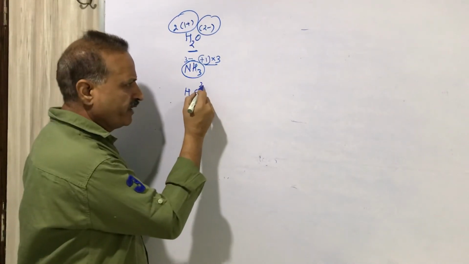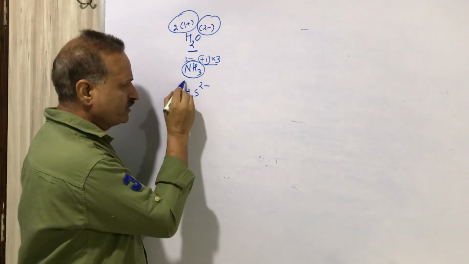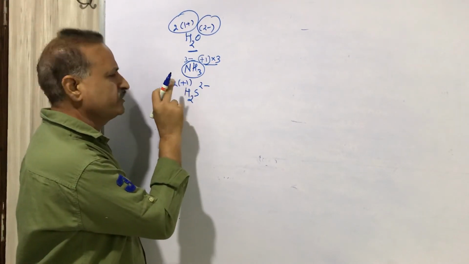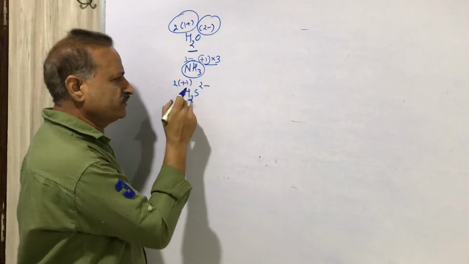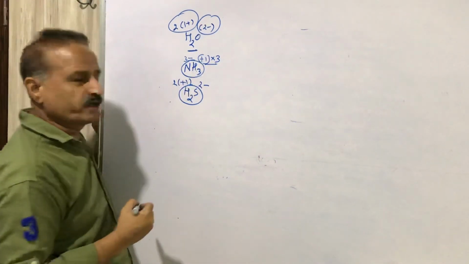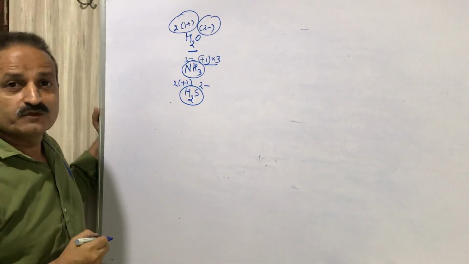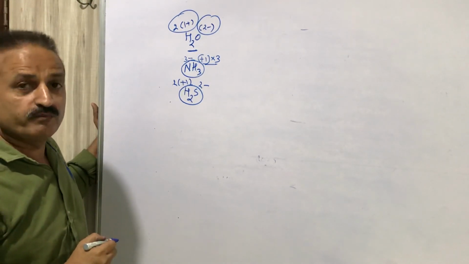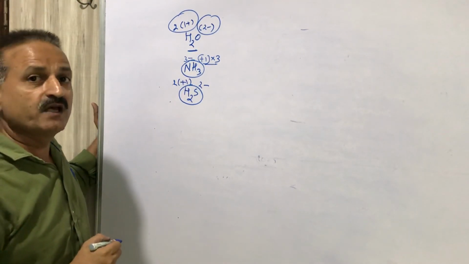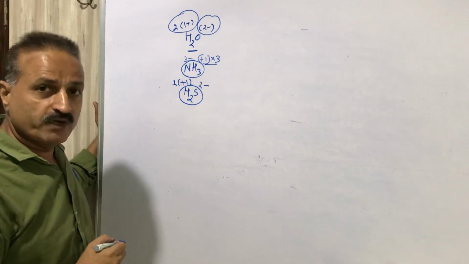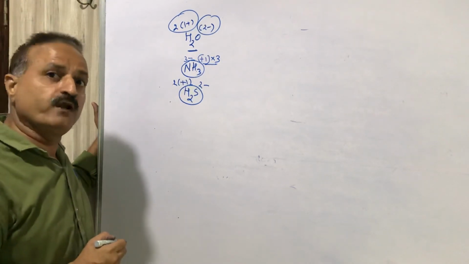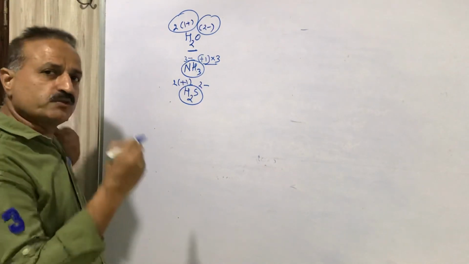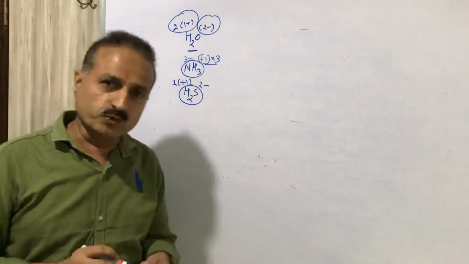So sulfur will become 2 minus, 1 hydrogen is 1 plus, 2 hydrogens is 2 plus, and 2 plus and 2 minus, so H2S is neutral. So now you can calculate why the compound is neutral, because different elements are attached to form the compound and the charges of the elements will be opposite and equal. This is very important to understand.